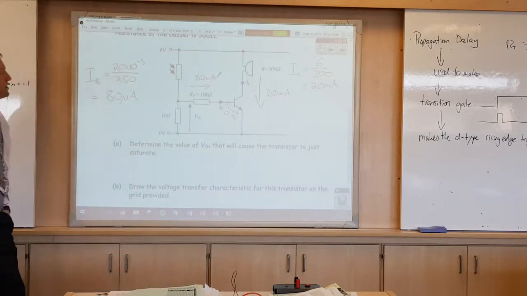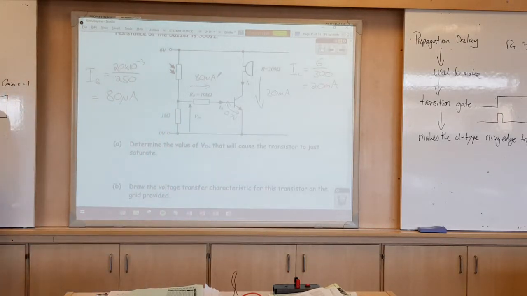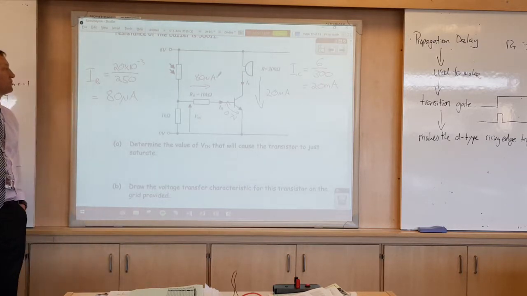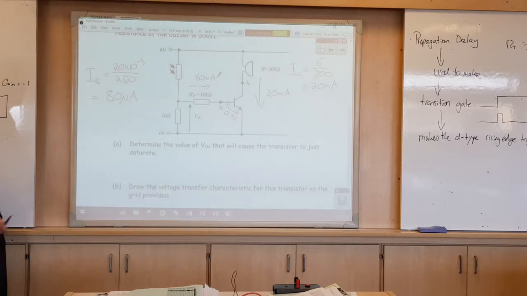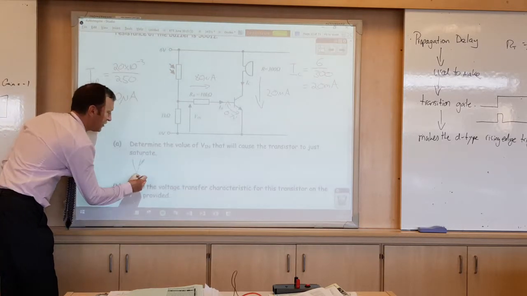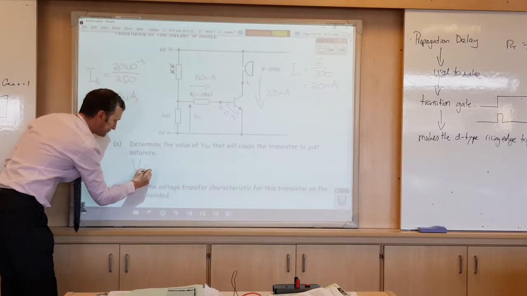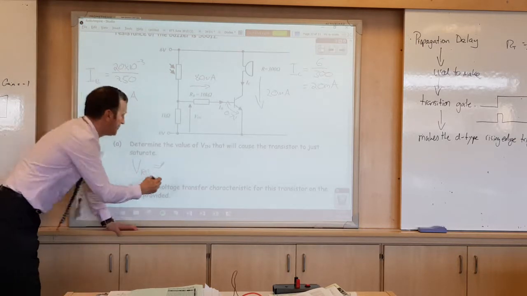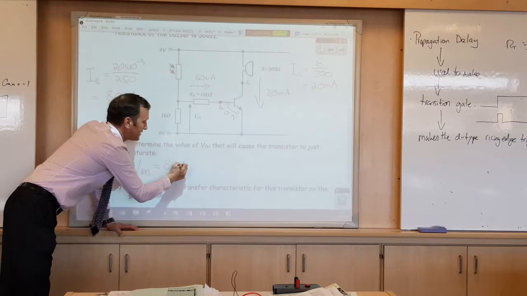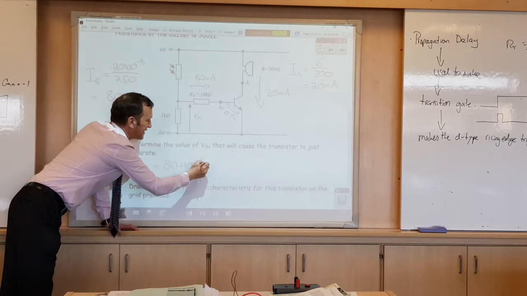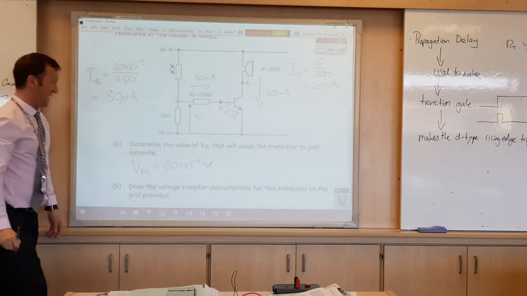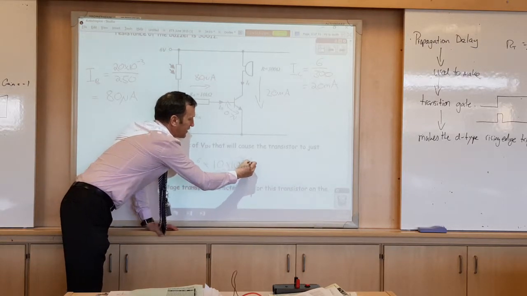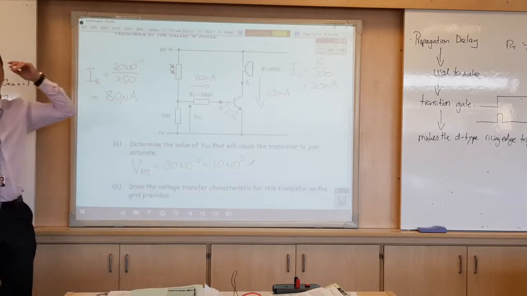How do we work out the voltage across the resistor then? So it's just times 10 to the 3. Yes, good. So therefore the voltage across RB is equal to 80 microamps, that's 80 times 10 to the minus 6, multiplied by 10 times 10 to the 3, which gives 0.8 volts.